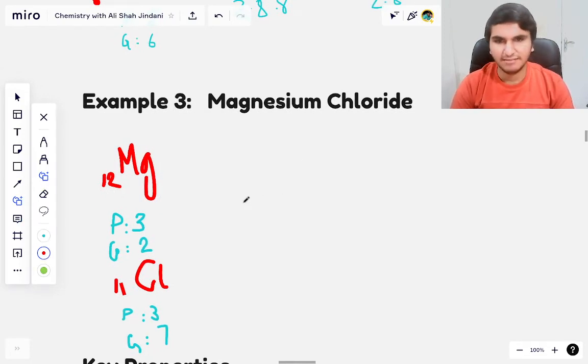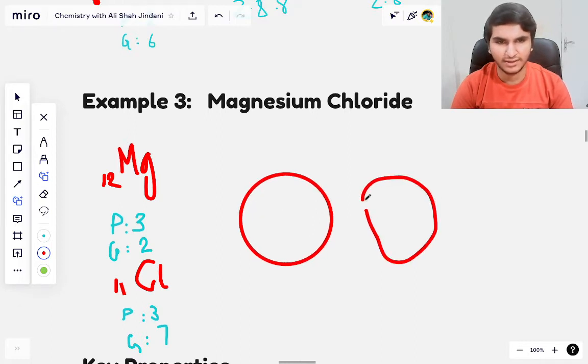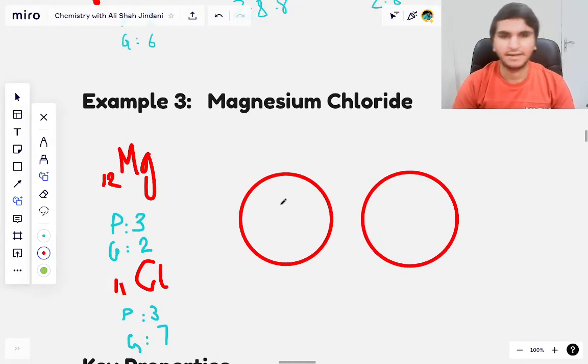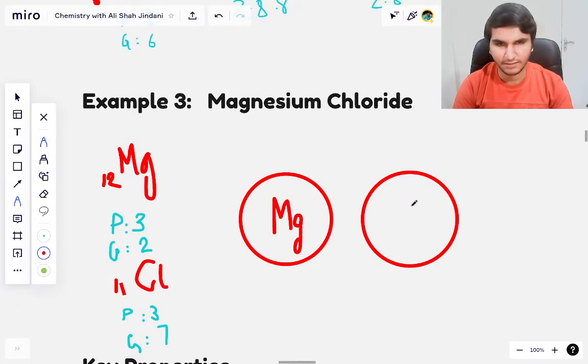So if I make one magnesium and one chlorine, we have Mg, we have Cl. Now what happens here? You have 2 electrons in the magnesium's outer shell, because the group number is 2, and 7 in chlorine.